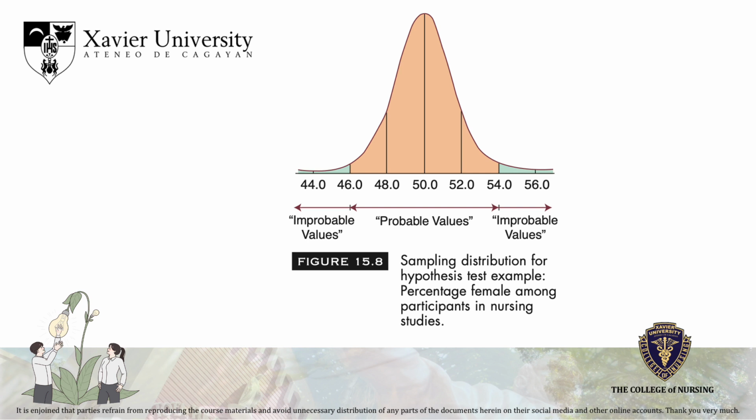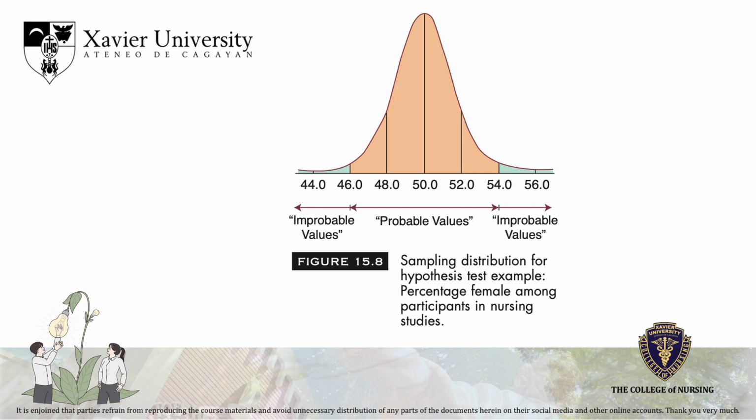So that is within about 2 standard deviations above and below the mean of 50.0. So the obtained sample mean of 75.3 lies in the region considered improbable if the null hypothesis were correct. In fact, any value greater than 54% female would be improbable if the true population mean were 50.0.